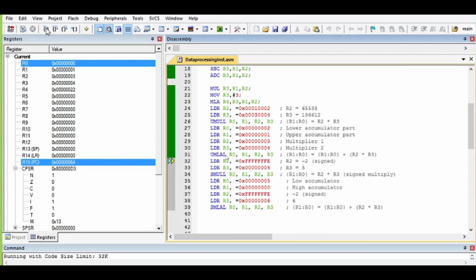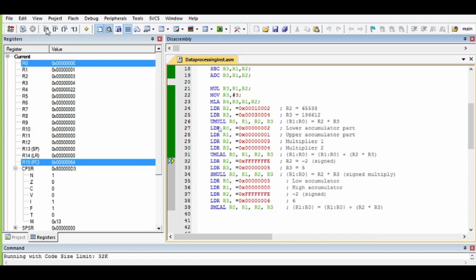In the next case, we are again taking two values in R2 and R3, but the multiplication we are seeing next is a signed multiplication, and the full form for this would be signed multiply long. So here we are multiplying R2 and R3, and the result, which could exceed 32 bits and be up to 64 bits, is stored in the two registers R1 and R0.